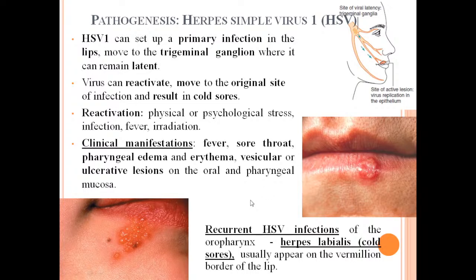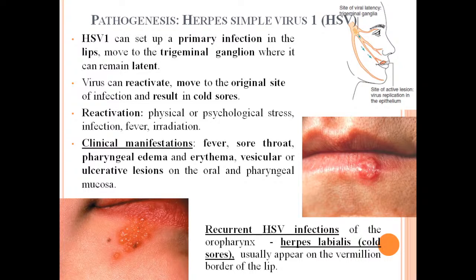Recurrent herpes simplex virus 1 infection of the oropharynx is herpes labialis. It is this one. Usually it appears on the vermilion border of the lip. These lesions, this one and this one, contain fluid that is filled with a large amount of herpes viruses.